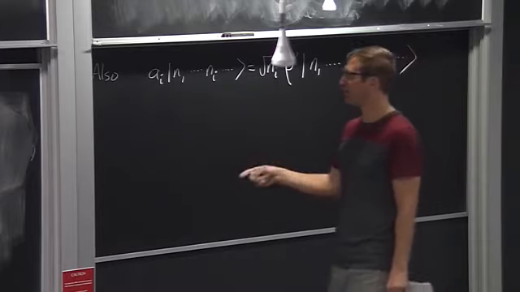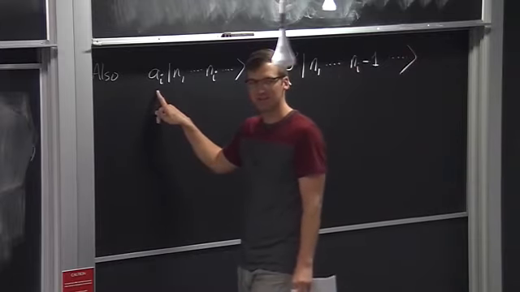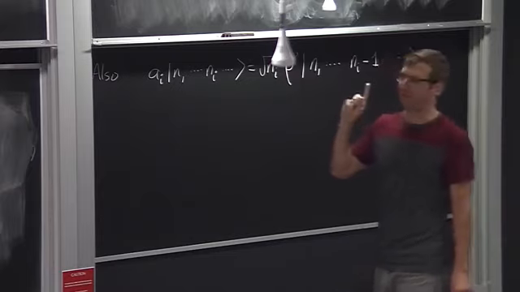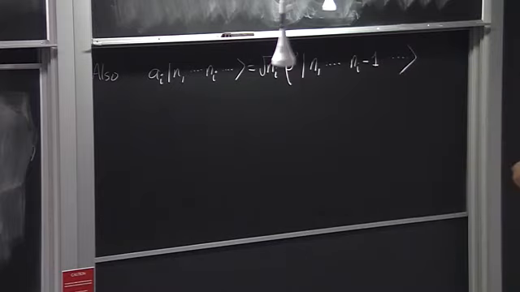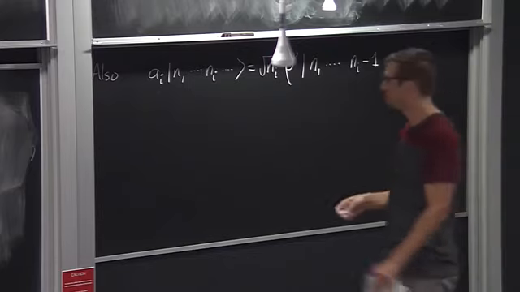And the most important thing with the annihilation operator is to remember that if you have a state with no particles and you try to annihilate that, the wave function goes to 0.